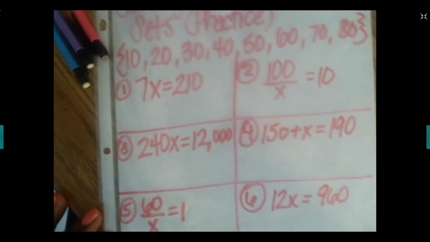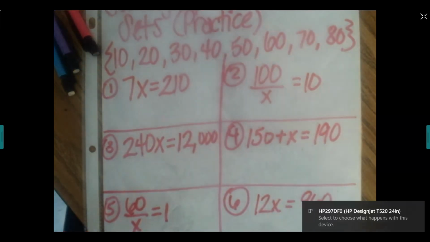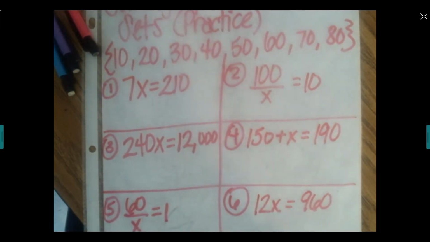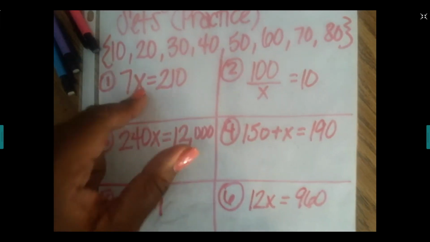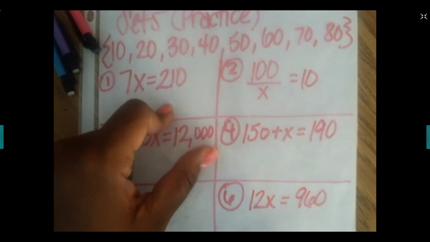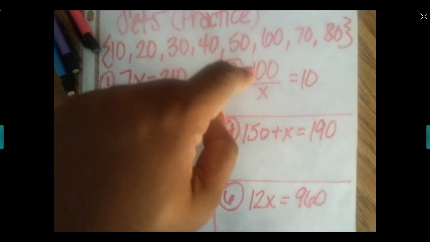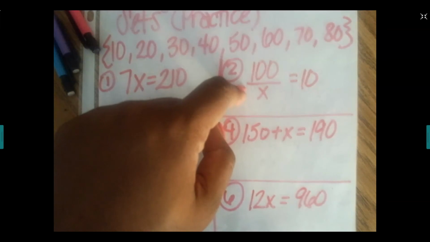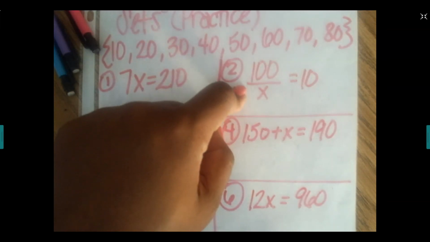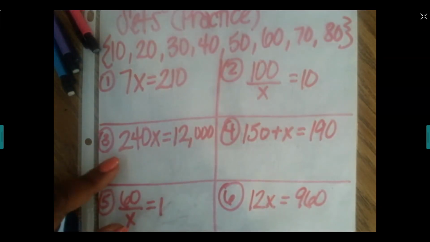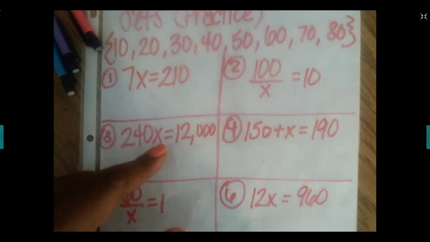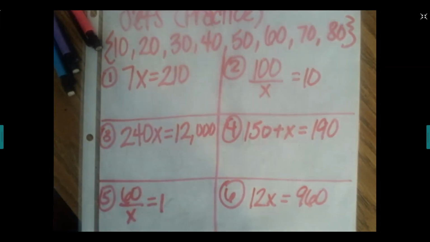All right, so I'm going to zoom in on the first 4 to make sure everyone can see them. And let's make sure as a class that we know what operation we're doing with each of these problems. 7 times x equals 210. 100 divided by x equals 10. 240 times x equals 12,000.